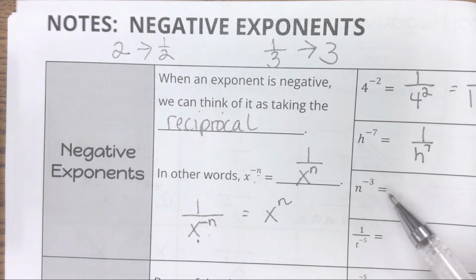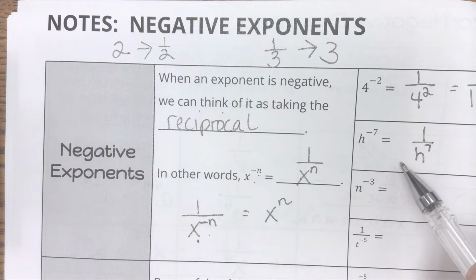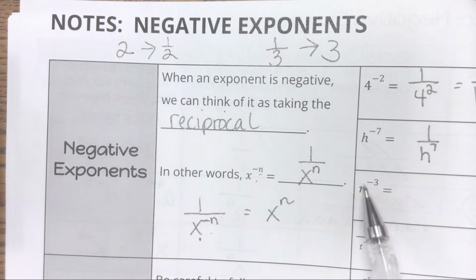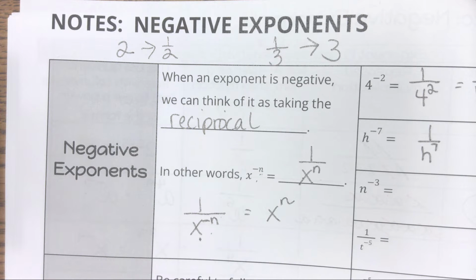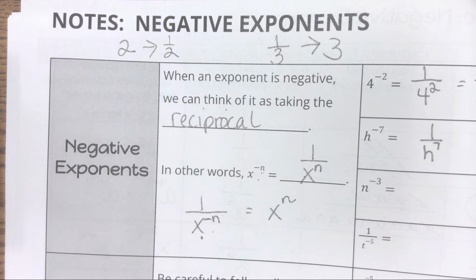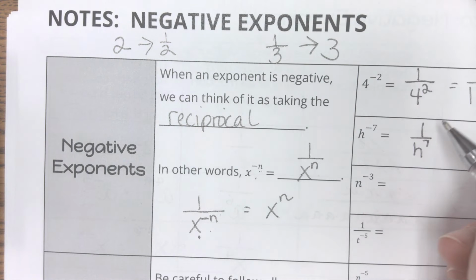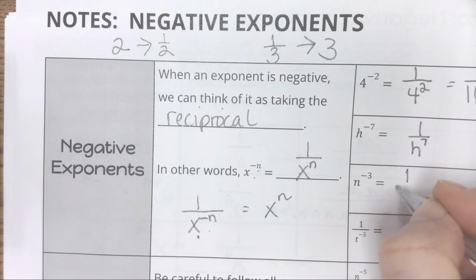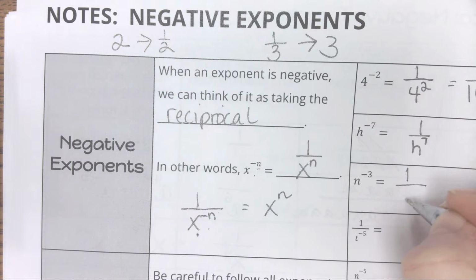Nope, it's an h, so we're going to leave it. How would I do n to the negative third? So 1 over n to the third.